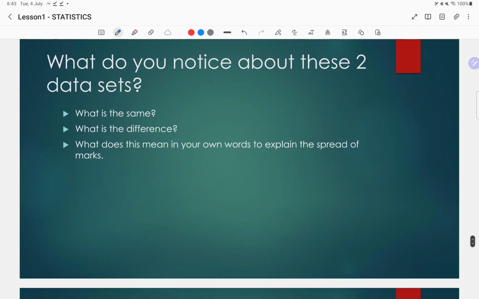I just explained the difference between a low standard deviation and a high standard deviation. So in your own words, give me a statement that uses data set and standard deviation. Oh, so like the definition for both? Well, give me a statement that links the two together.